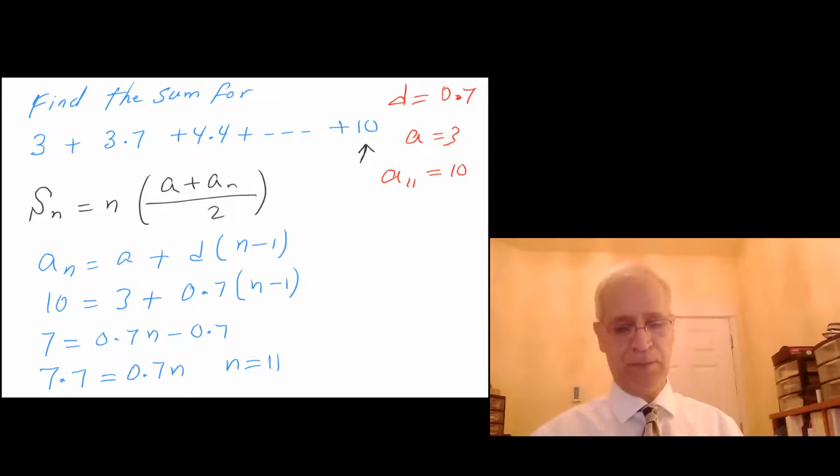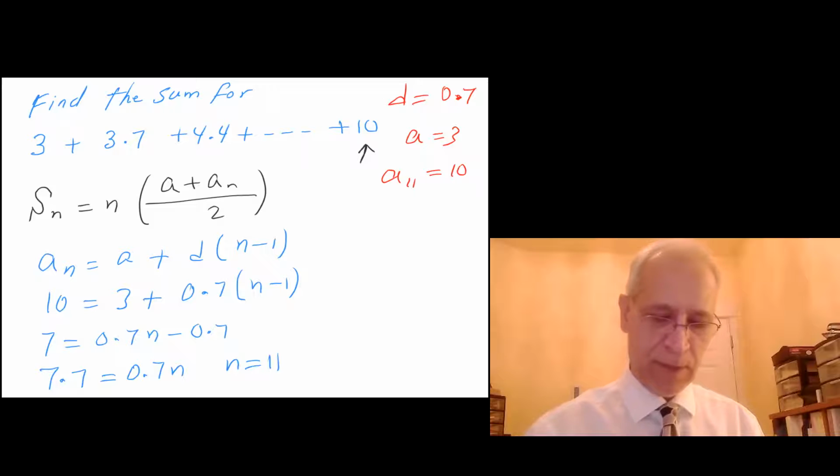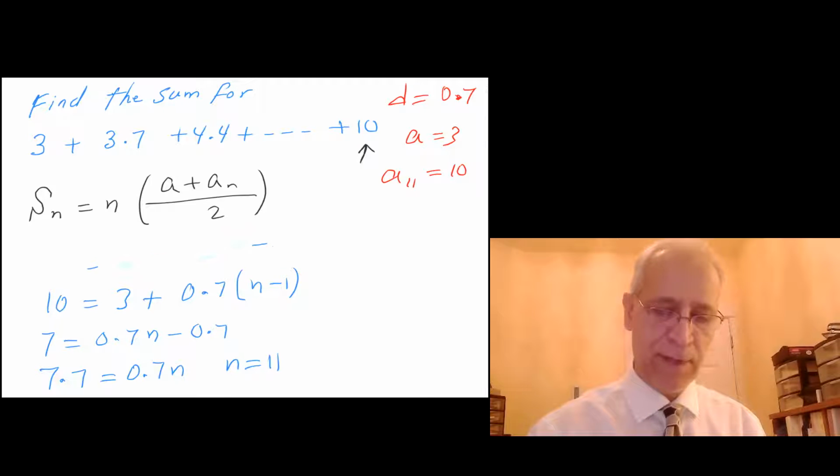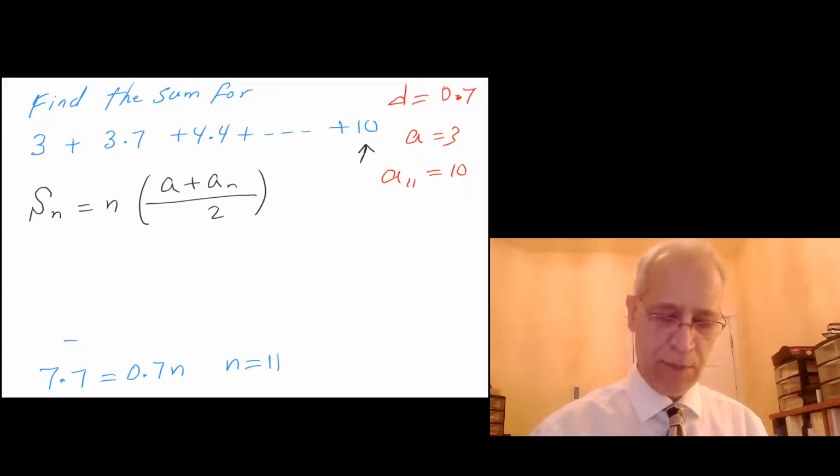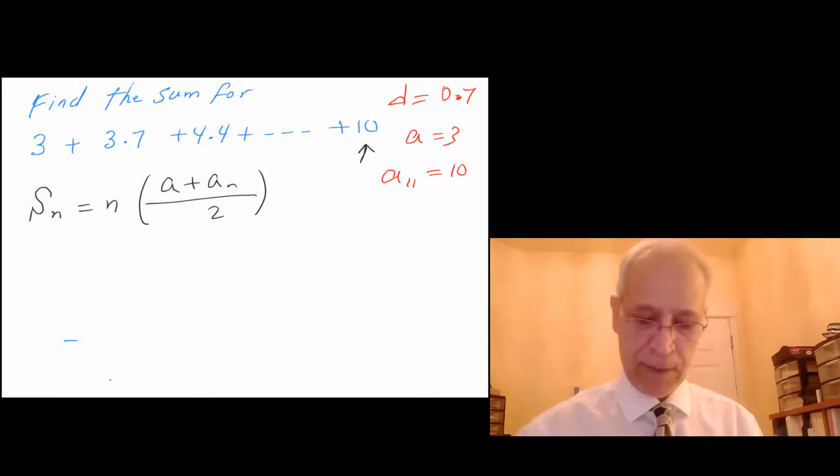Now I'm ready to plug things into my formula and find the partial sum of 3 plus 3.7 plus 4.4 plus dot, dot, dot plus 10.